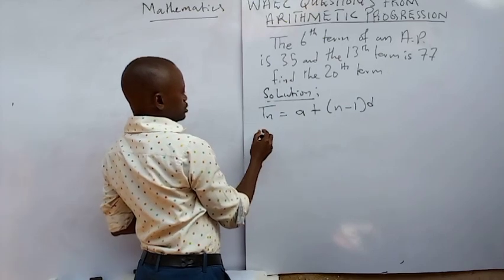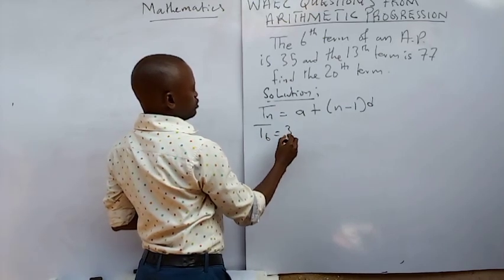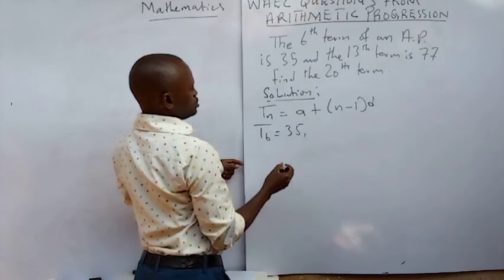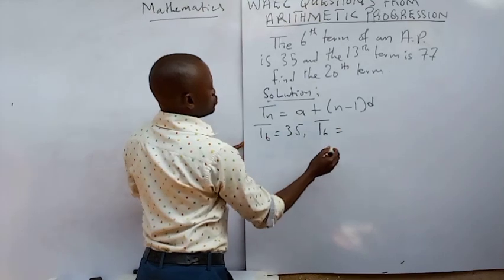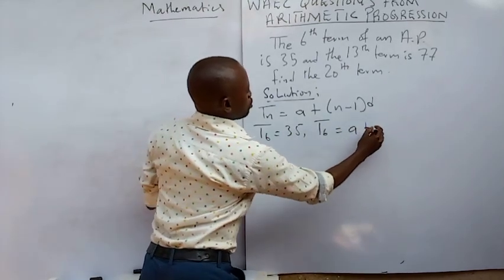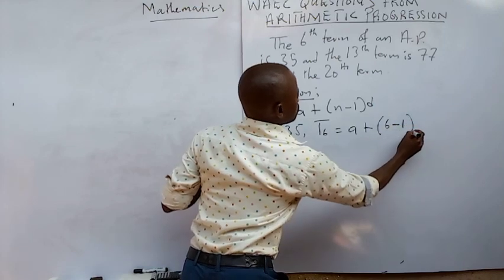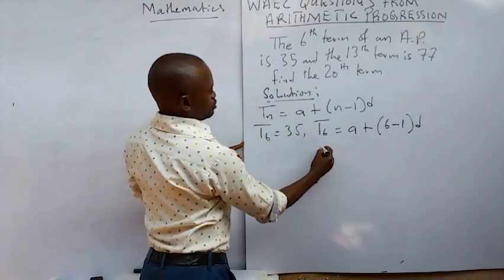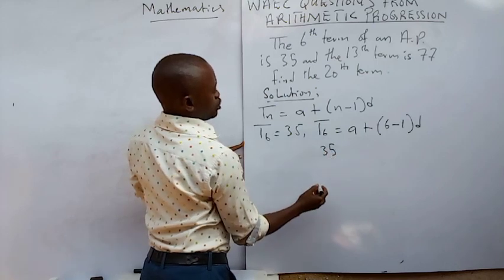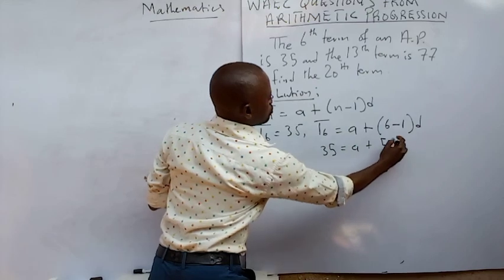So I can say that T6 is 35. It then means that T6 is equal to A plus (6 minus 1) times the common difference. This means that 35 is equal to A plus 5D.